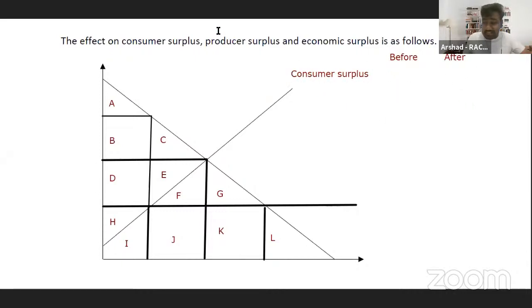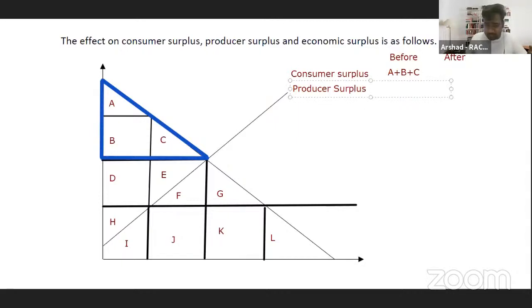What is it? It's A, B, and C. So if I show that in the diagram, this is the consumer surplus before: A, B, and C. That we all know, right? The equilibrium price was that. So I will say consumer surplus before is A plus B plus C. What is producer surplus before?